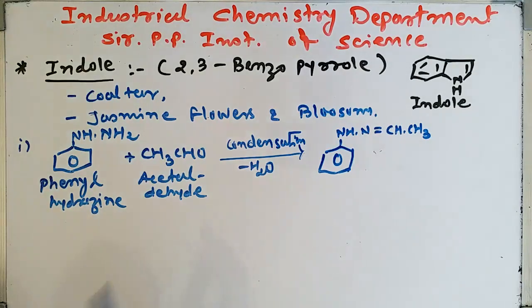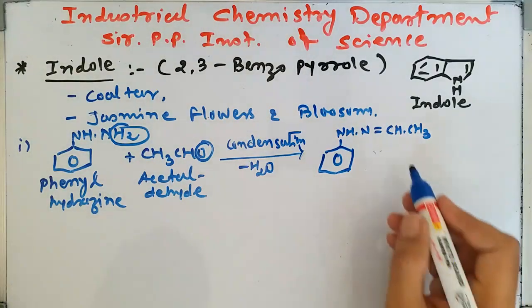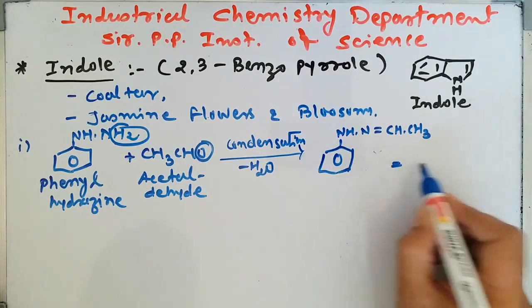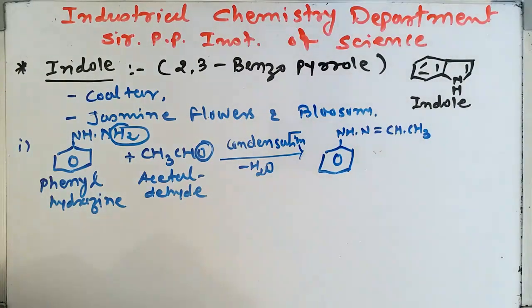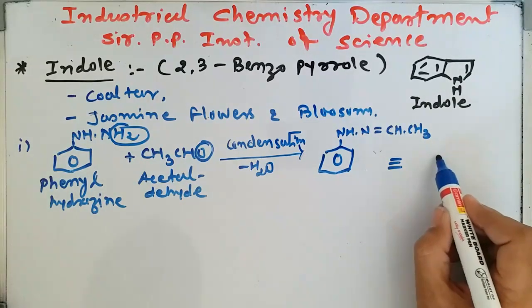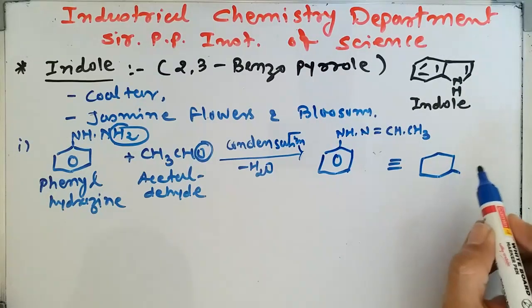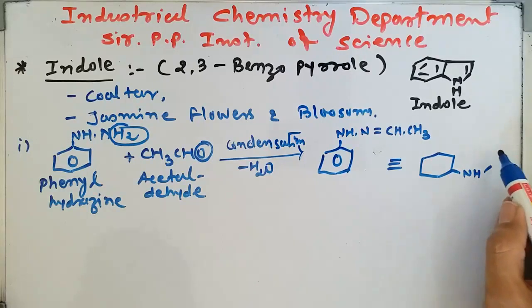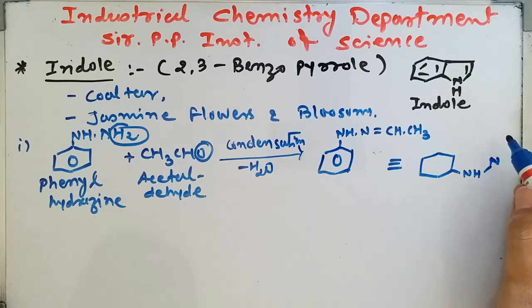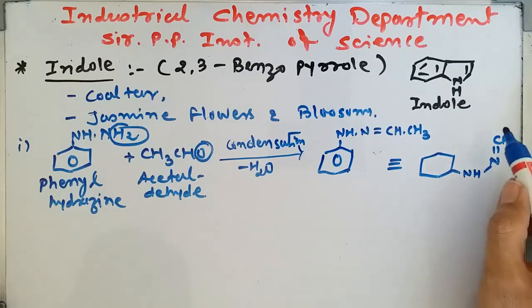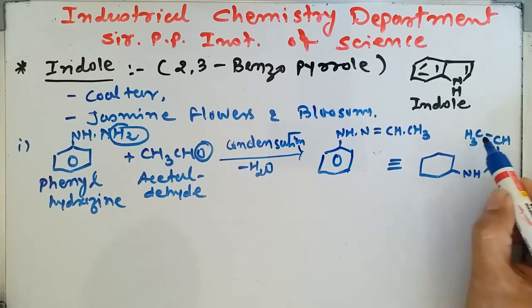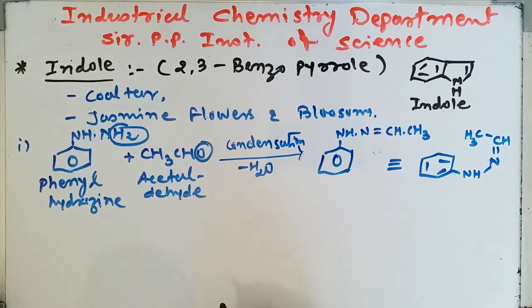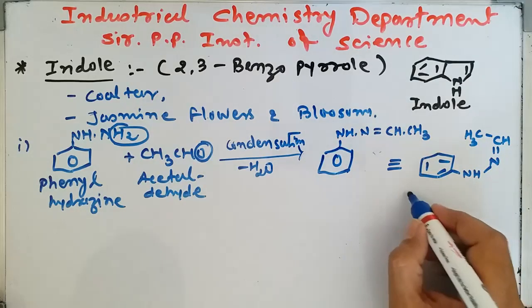From here, oxygen and two hydrogens are removed, so H2O is removed and we get the phenylhydrazone of acetaldehyde. We can write this compound also as a similar cyclic compound. This is the phenylhydrazone of acetaldehyde.